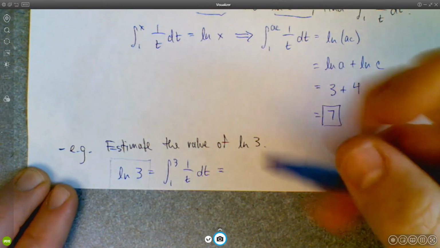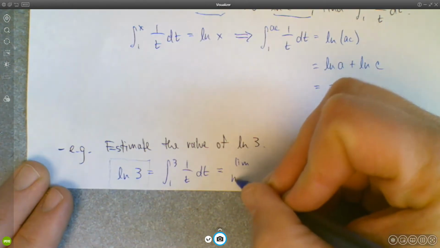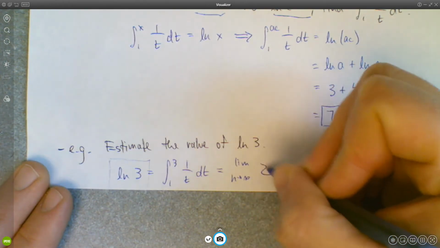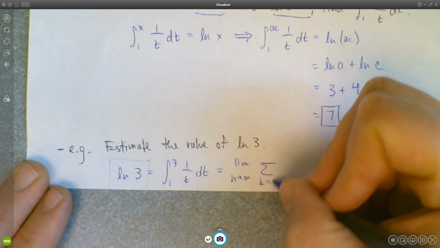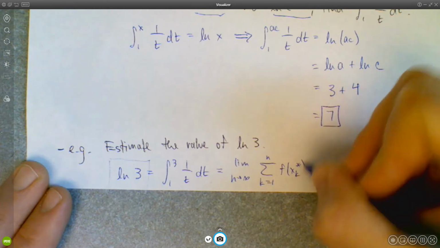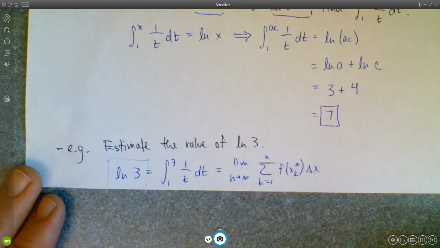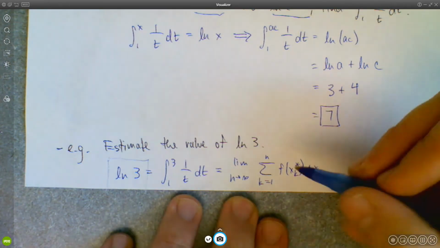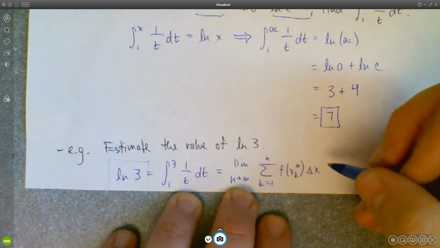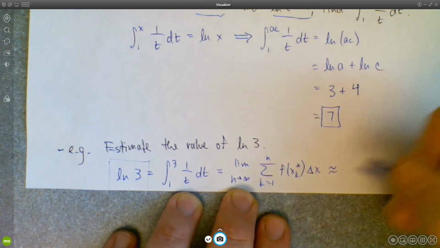But here's what we could do. I know that this integral is the limit as n approaches infinity of the sum from k equals 1 to n of f of xk star times delta x, right? We can use that definition. And if we're not going to take the limit as n goes to infinity, if we just want an approximation, we could say, forget the limit as n goes to infinity.